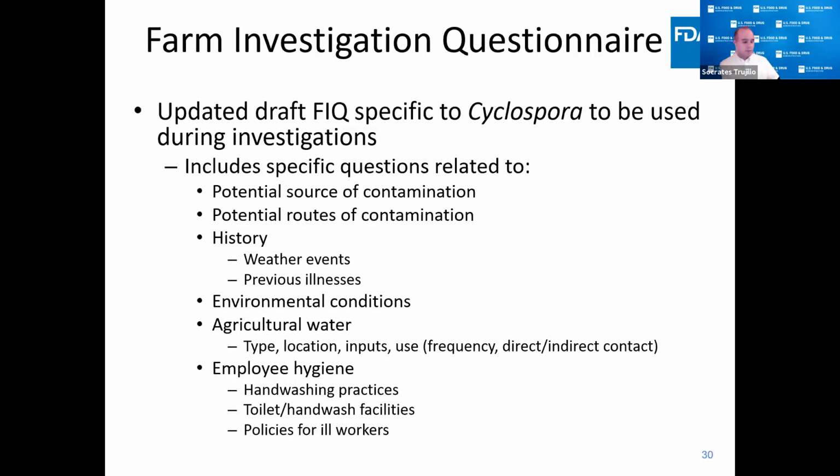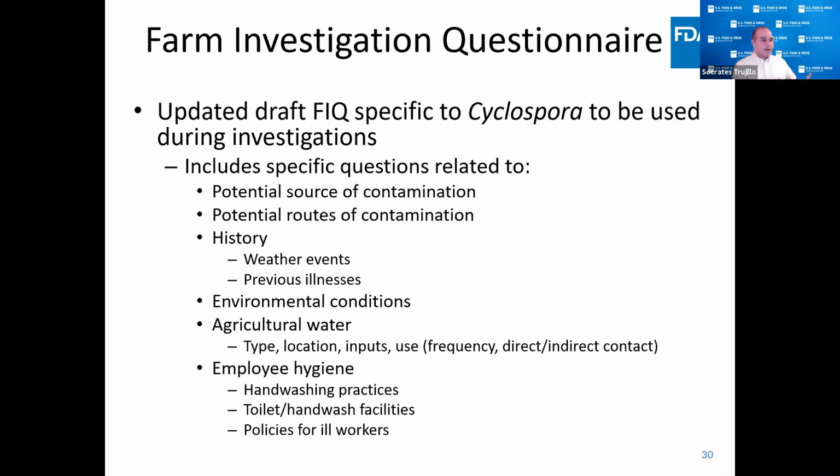Now, something that you need to know is our offices at the FDA or centers in the Office of Regulatory Affairs are working together to develop a specific farm investigation questionnaire for Cyclospora, in case some of your work ends up identifying a potential source of Cyclospora cayetanensis to a farm where you work.